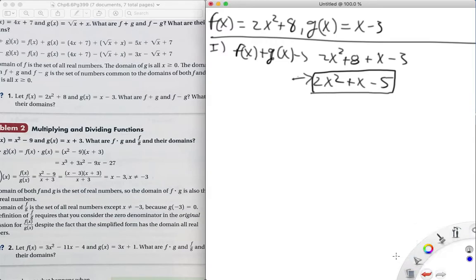When we subtract them, it's going to be 2x squared plus 8 minus whatever g of x is, x minus 3.